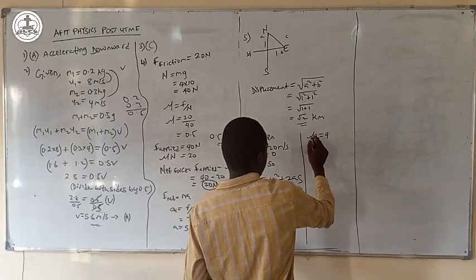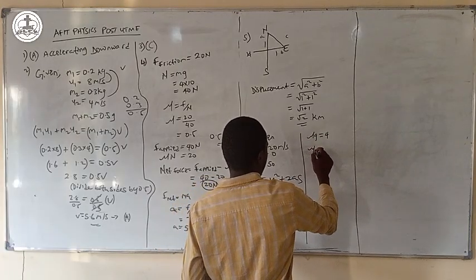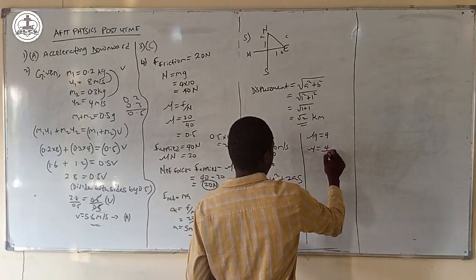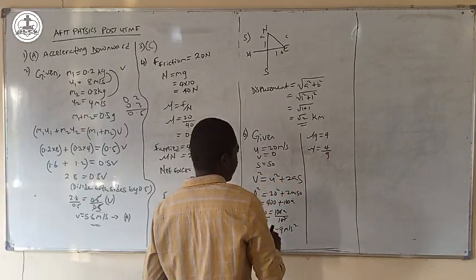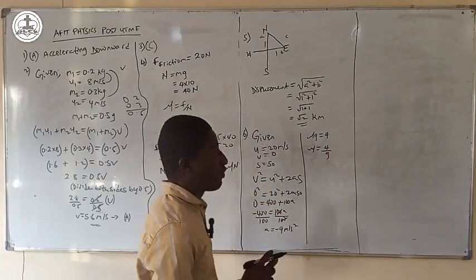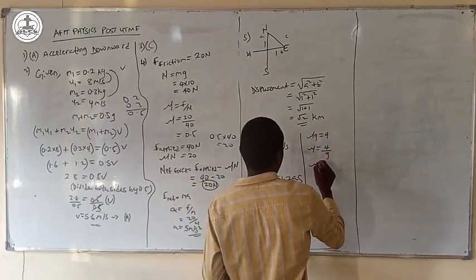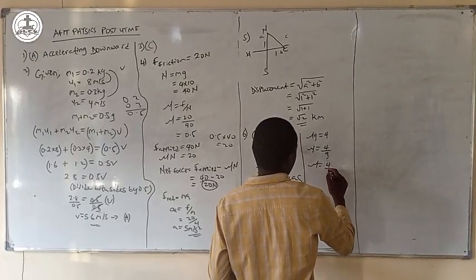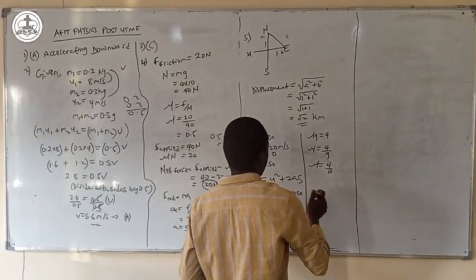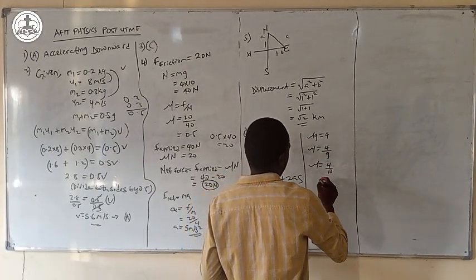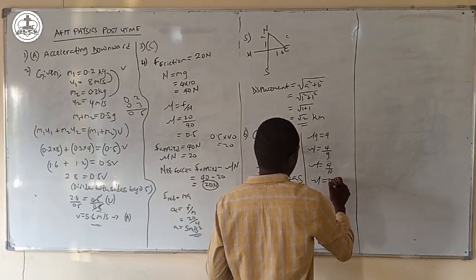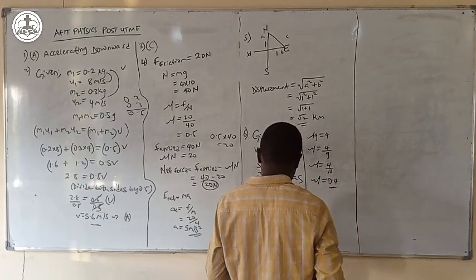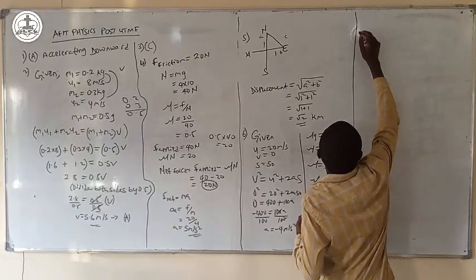So mu will be equal to 4 divided by G. That negative disappears, so it becomes 4 alone. So the coefficient is equal to 4 over, remember G is 10. So the coefficient is equal to 0.4. Done with that.